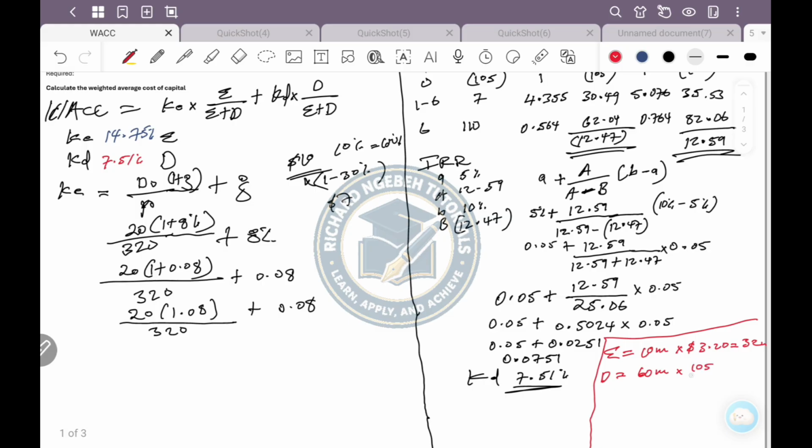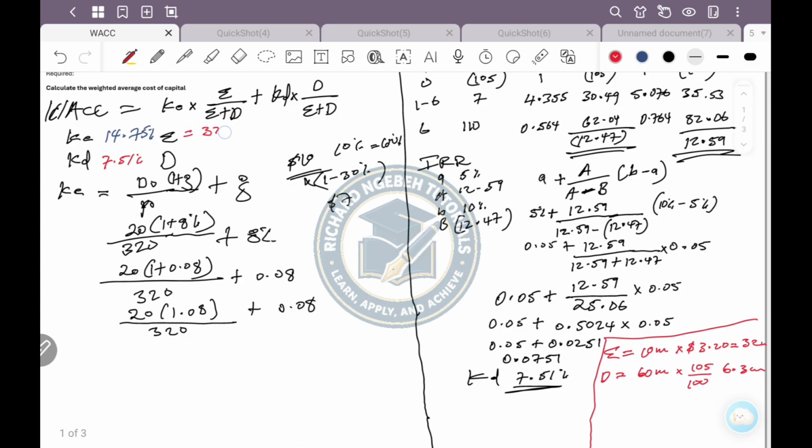Remember this 105 is at the nominal value of 100%. So basically it's going to be 1.05. So 6 million times 1.05 gives you 6.3 million.